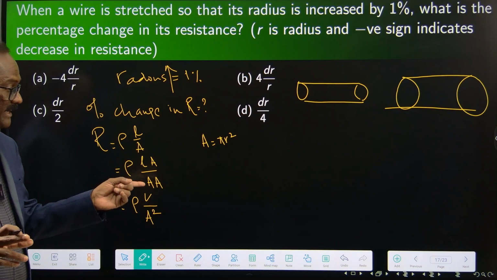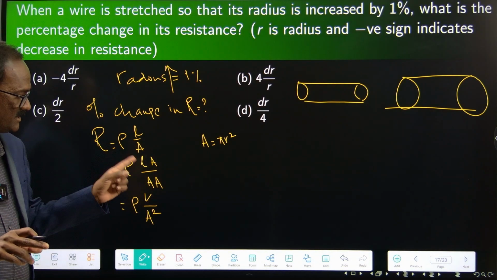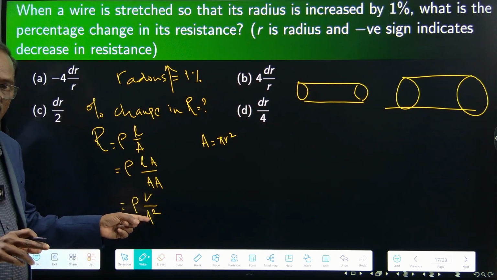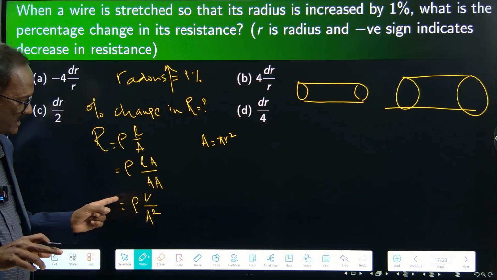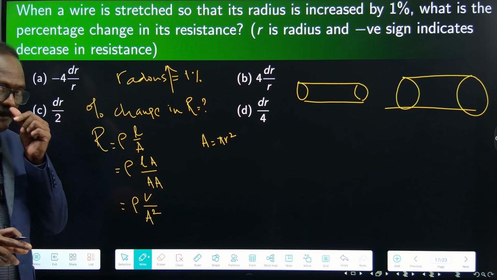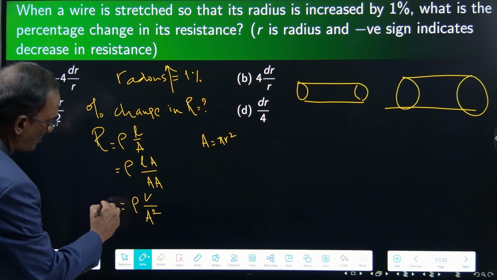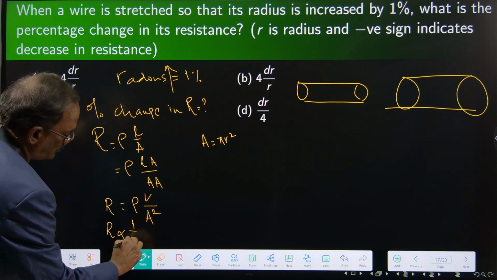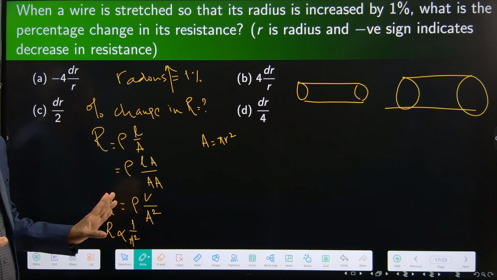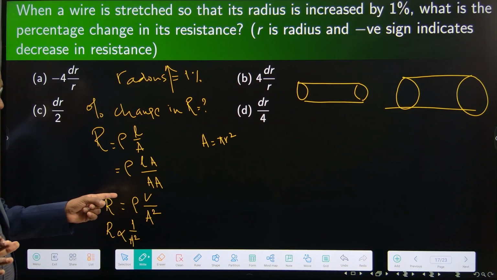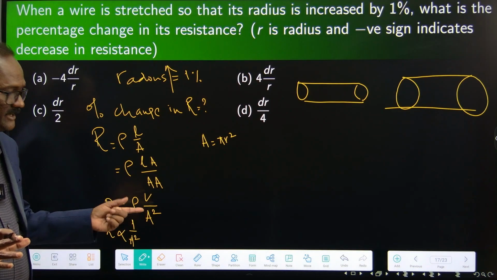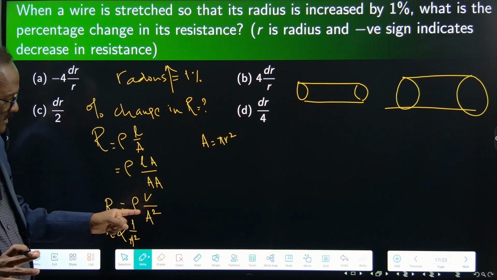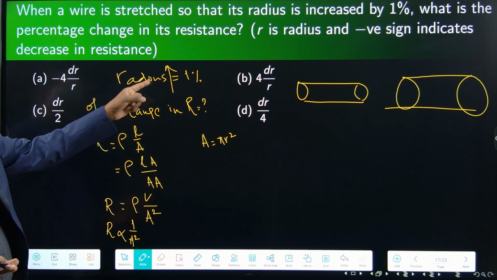In the previous problem we changed the length, but here we want to keep the area here, so that I get one relationship between R and A. Now R is inversely proportional to A square, with rho and V kept constant. In the previous problems we kept volume in the denominator; now we keep it in the numerator, because the radius is changed.